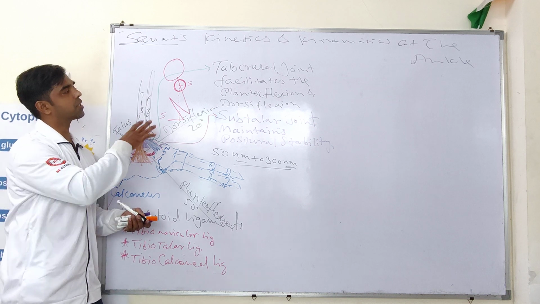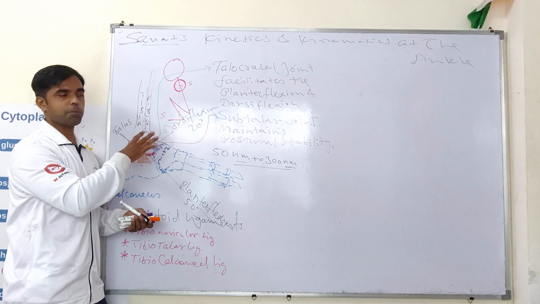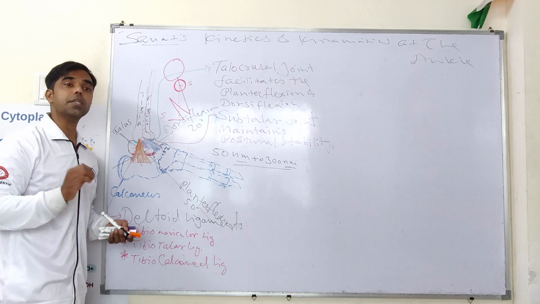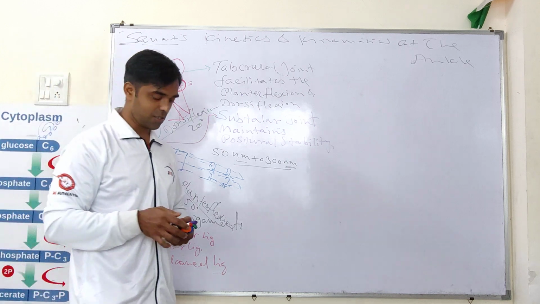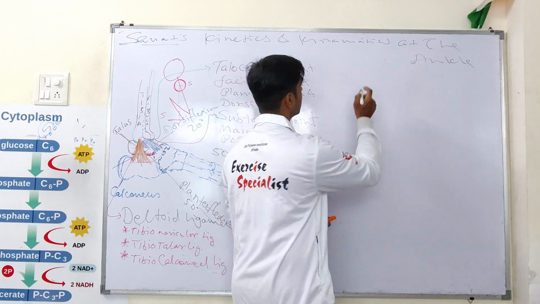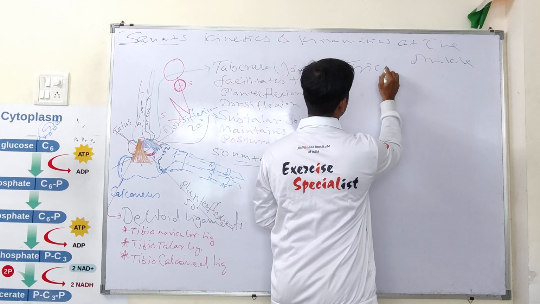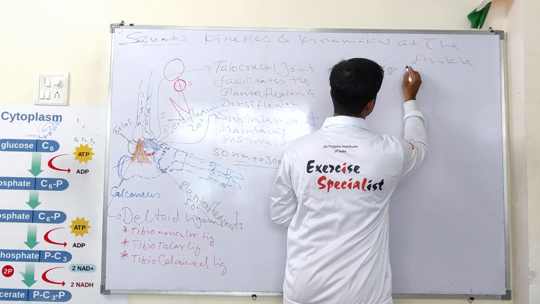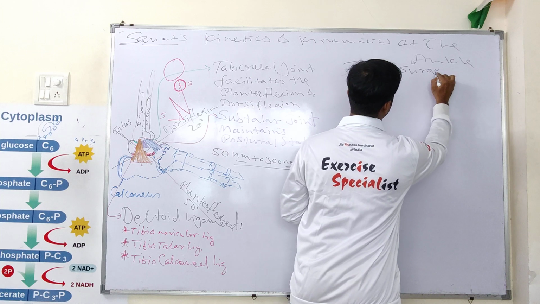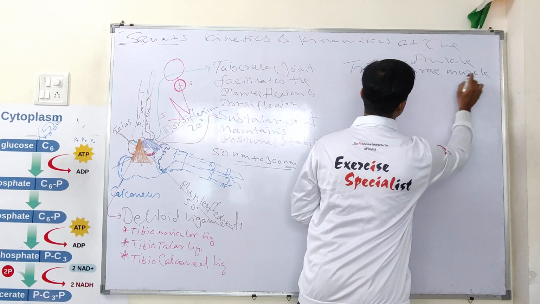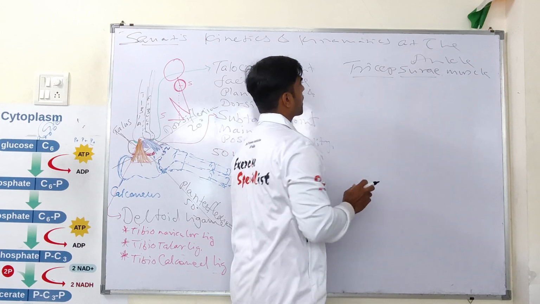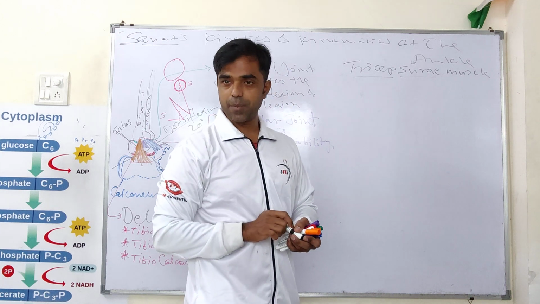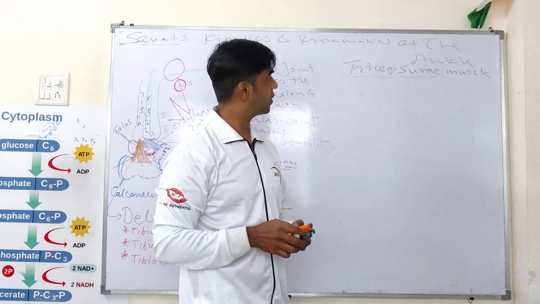Let's understand the muscle responsible at this joint. That is called the triceps surae muscle. Triceps, three-headed: gastrocnemius, which is two-headed, and soleus.